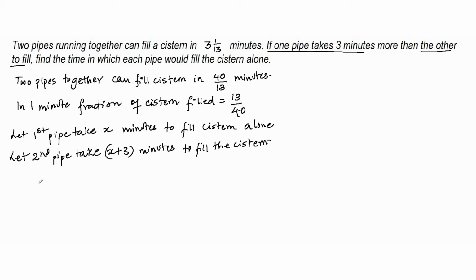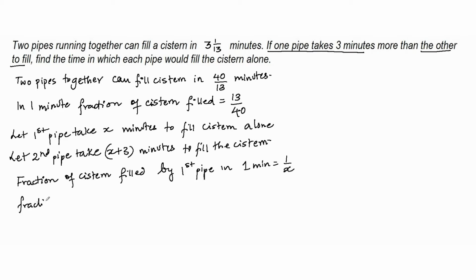and now I can say that fraction of the cistern filled in 1 minute, fraction of cistern filled by first pipe in 1 minute is equal to 1 by x, whereas the fraction of cistern filled by the second pipe in 1 minute is going to be 1 upon x plus 3, right?